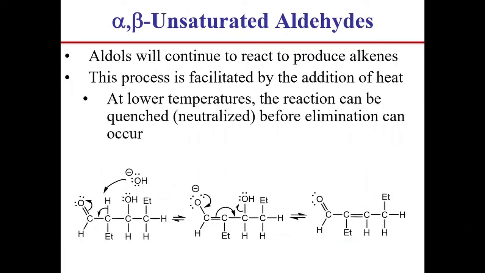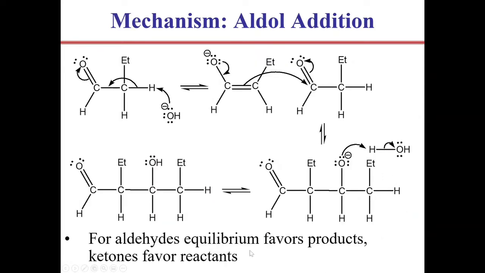It is often difficult to stop at the aldol point and not get the reaction to continue. So when you get to this product right here, it can keep reacting if you add any heat to the system. So if we want to stop at the aldol, we usually have to keep the reaction very cold, like negative degrees Celsius.